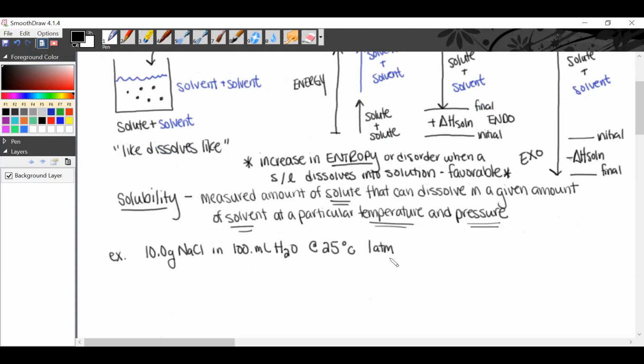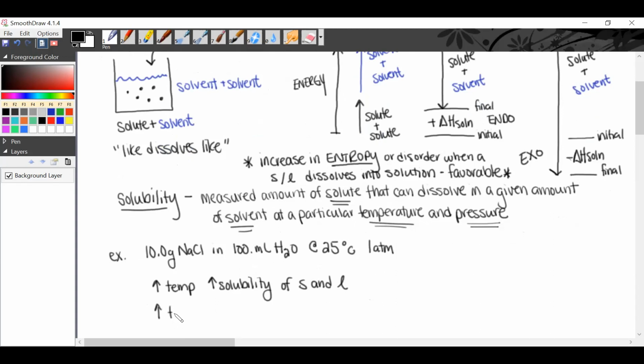In other words, temperature and pressure will affect how much of this stuff you can dissolve. If you increase the temperature, you get an increase in the solubility of solids and liquids. This is not true for gases.